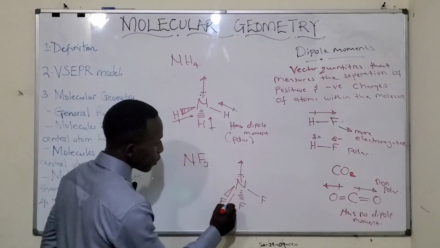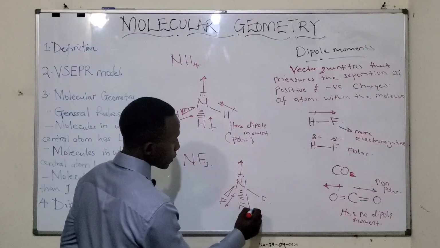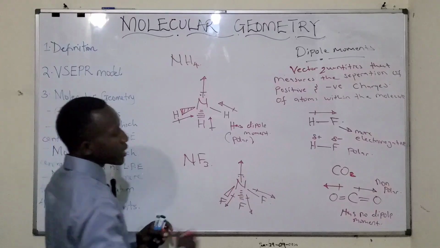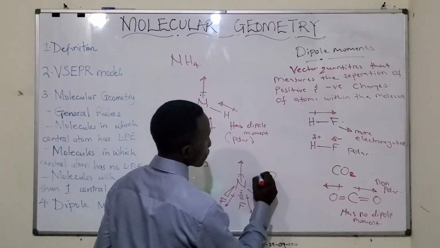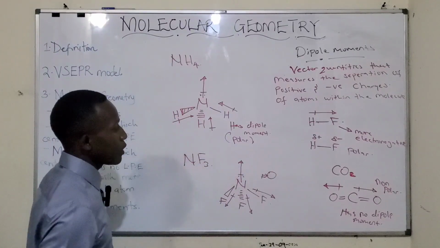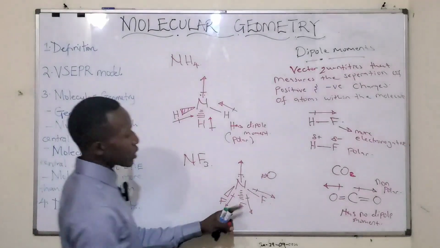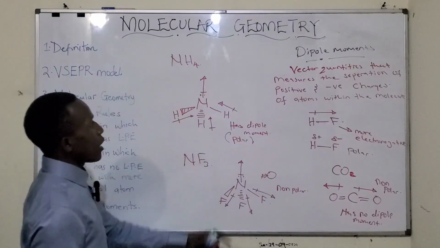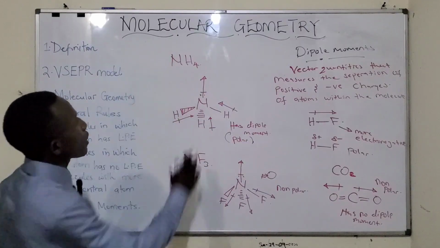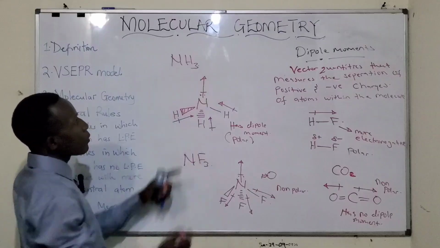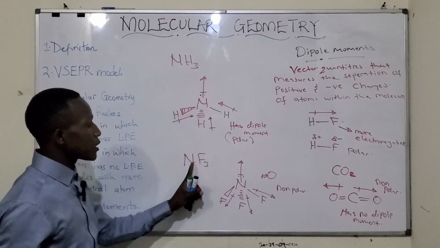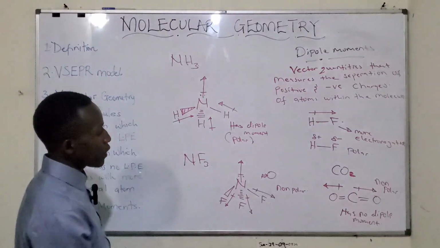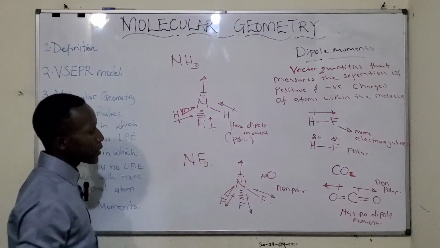Then these ones are all pulling away from nitrogen. So the net dipole is 0. Hence, this structure is non-polar. Ammonia, this is 3, not 4. Ammonia is polar, but nitrogen trifluoride is non-polar. Why? If you can see the dipole moments.